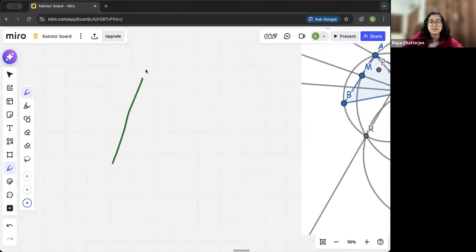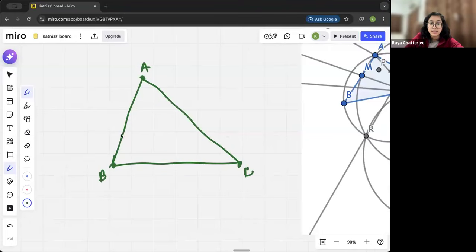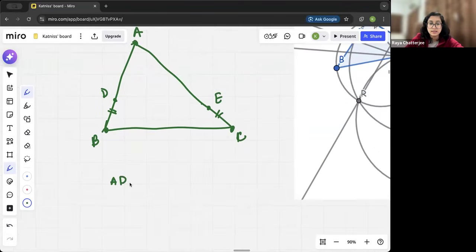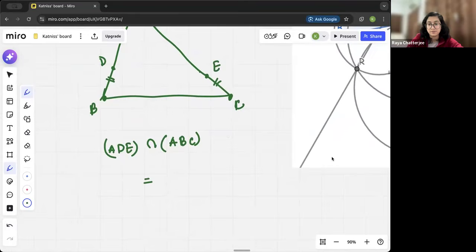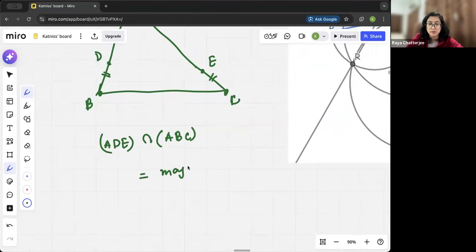So the point is that if you have a triangle ABC, and if you have two points on the segments AB and AC, D and E, such that BD is equal to CE, then the circle ADE intersects circle ABC, and AD passes through the midpoint of arc BC, right? Perfect, yes. The major arc midpoint in ABC.